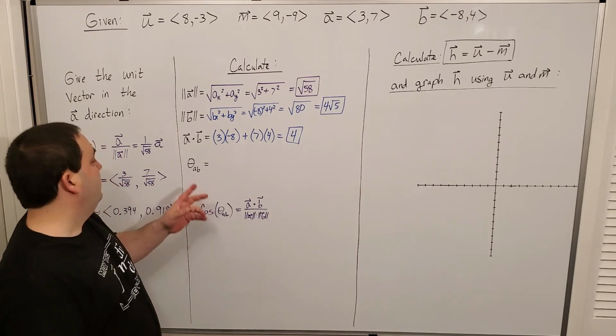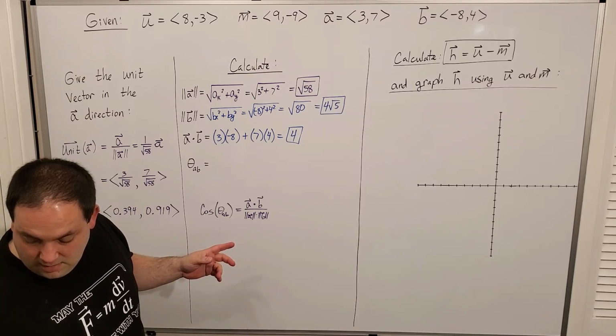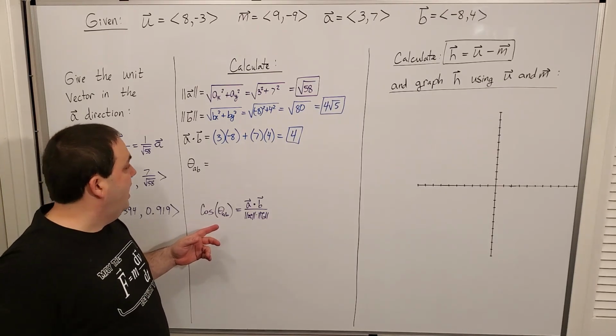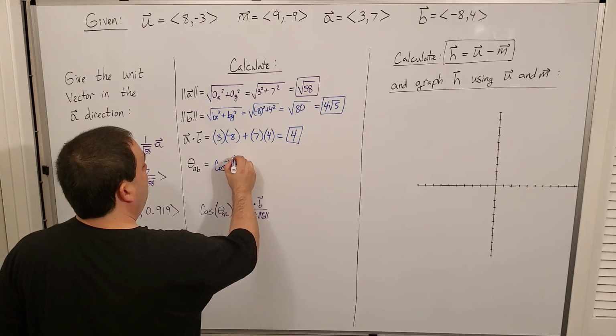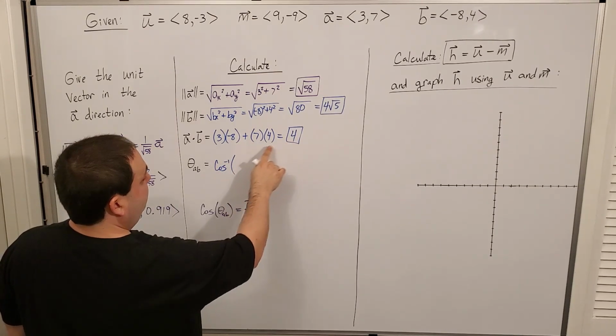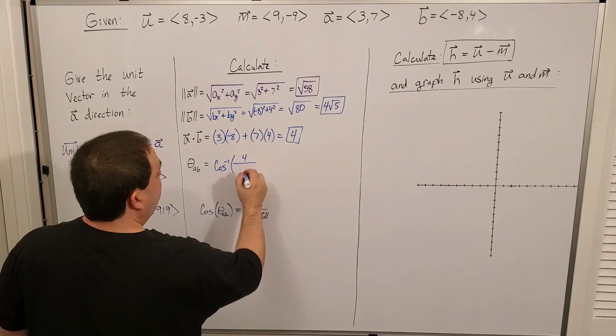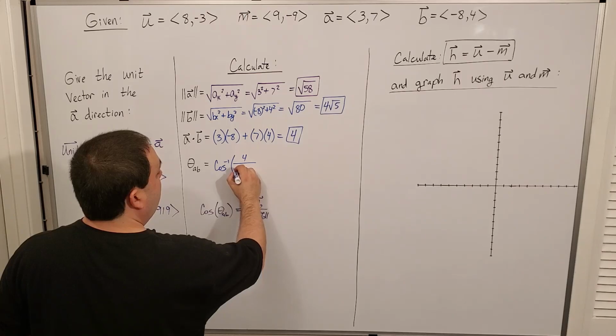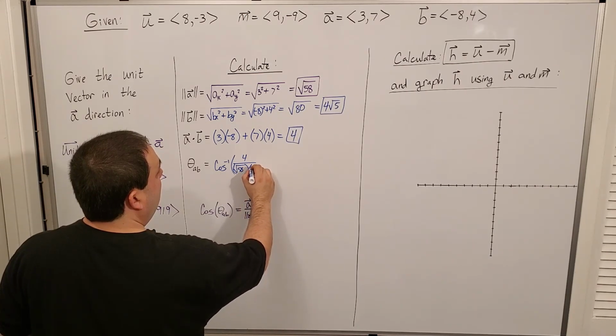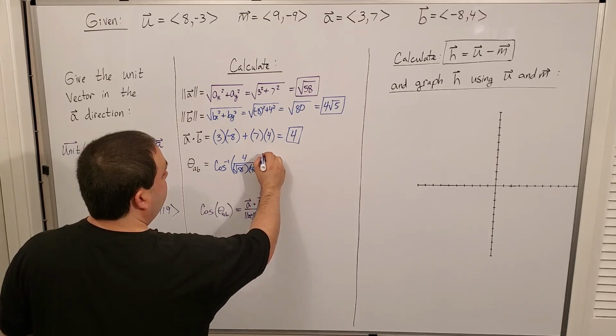So all I'm going to do to compute this is take an inverse cosine of the dot product, which we've already found to be 4, divided by these two magnitudes multiplied. So that would be the square root of 58 times 4 square root of 5.